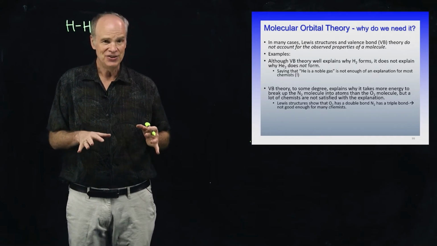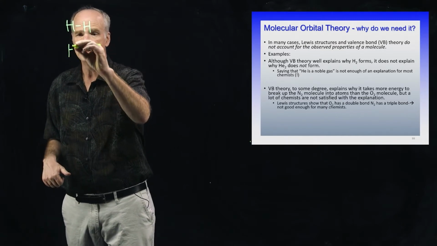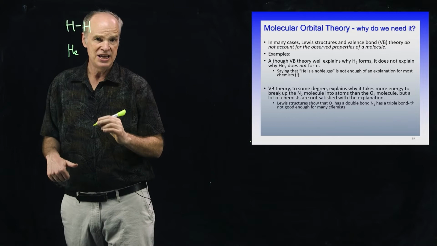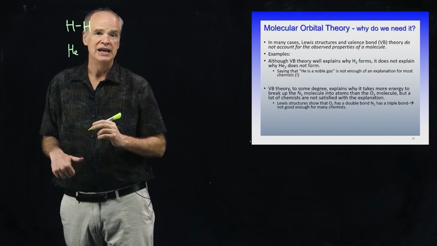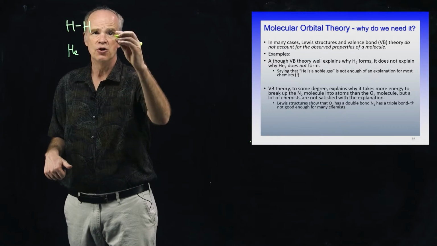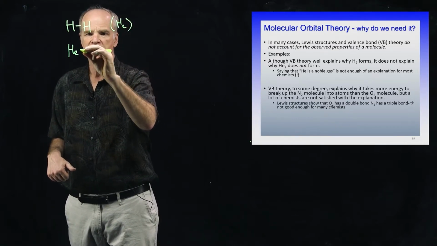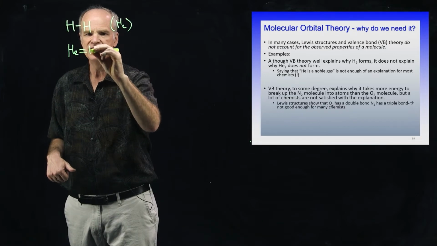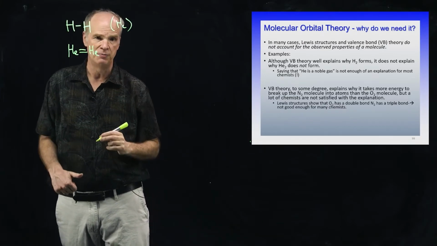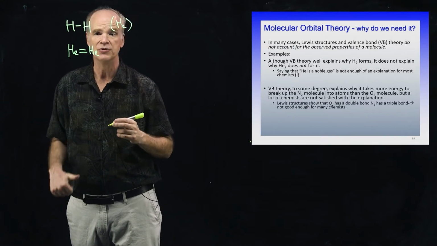Now, what valence bond theory doesn't do very well is explain why you cannot form a diatomic helium molecule. So you can form H2 like this, but you cannot form a diatomic helium molecule, say with a double bond for the 4 electrons in these two helium atoms.